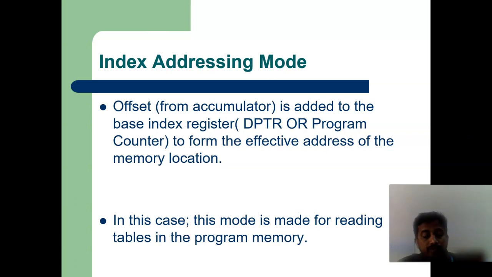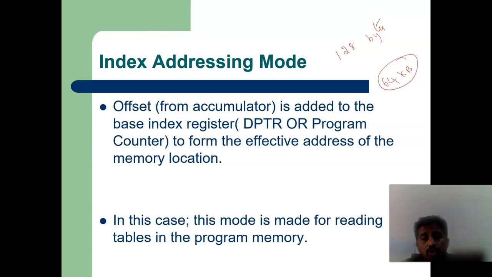The fifth category of addressing mode is index addressing mode. Index addressing mode is used when you are going for external memory. As you know, the 8051 microcontroller has an internal RAM of 128 bytes, and we can extend up to a total of 64K of program memory and data memory.